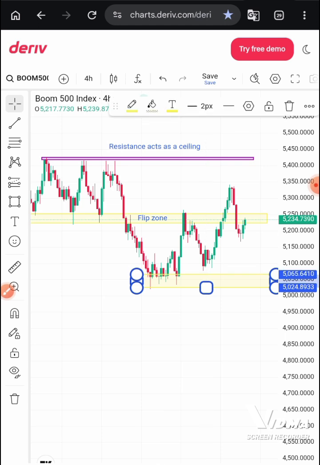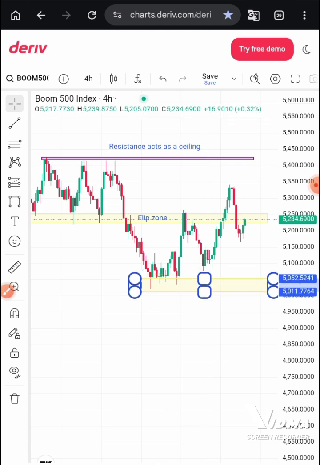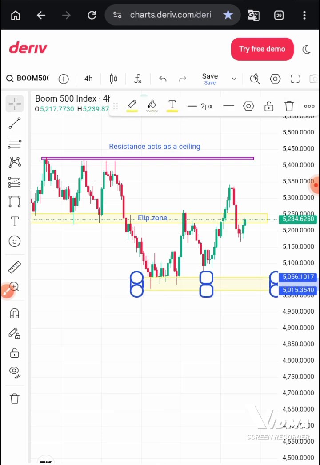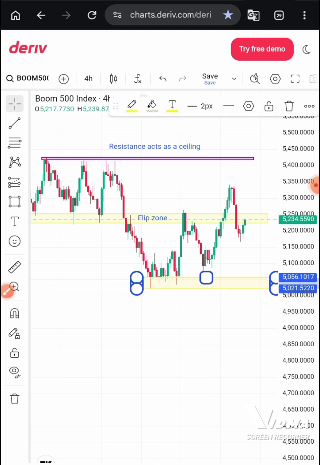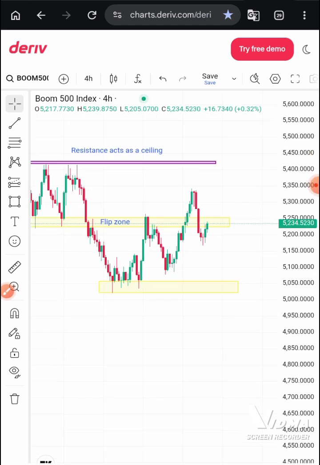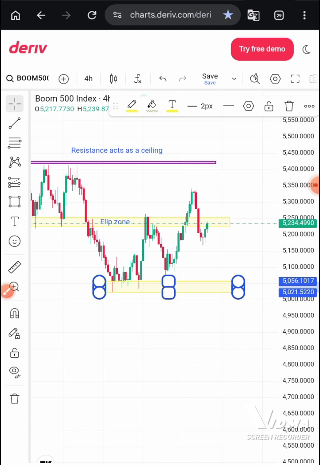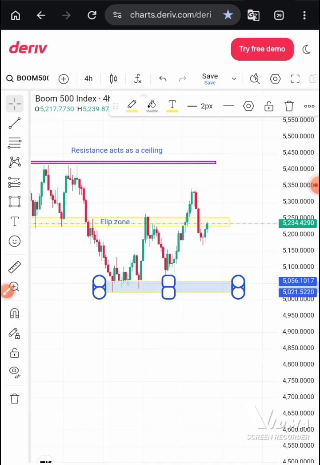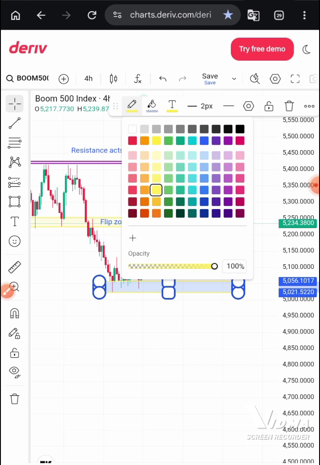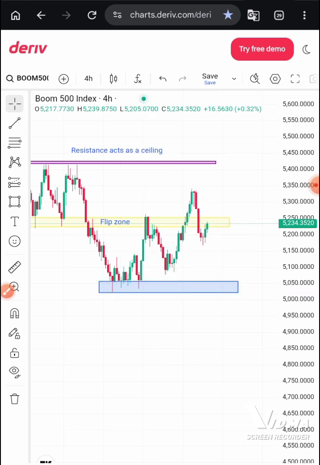Let me just perfect this. I need the wick, you see, from the wick here like this to the wick over there. Alright, and then let's change the color. So these things have got different colors. What color can we make our support? Let's make it blue. So this one is our support.